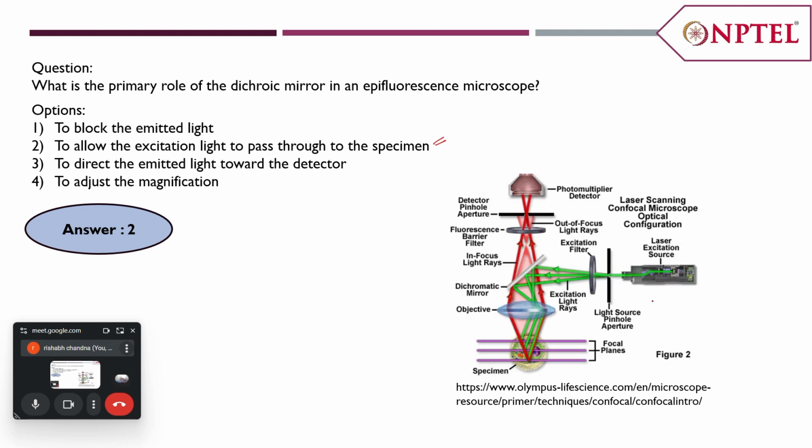Here we see. So first we'll see what an epifluorescence microscope is. In case of an epifluorescence microscope, the main thing is that the path of light that is falling on the mirror is the same as the emitted light, or the light that is being emitted by the specimen. Okay, so what does that mean?